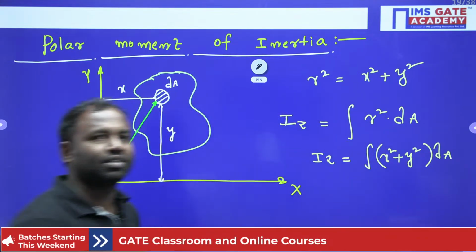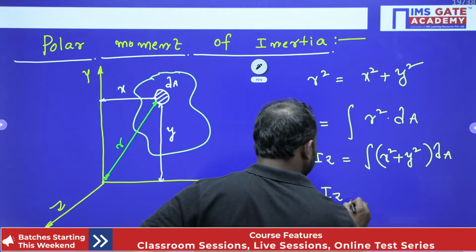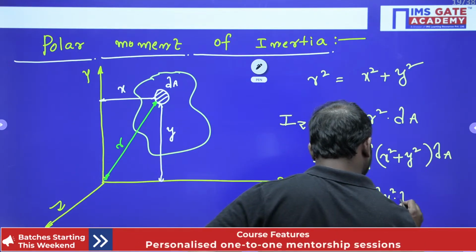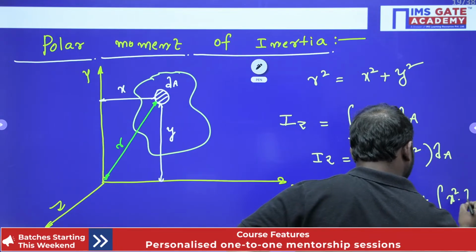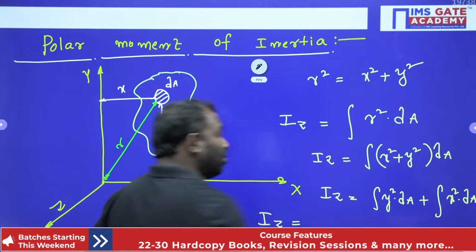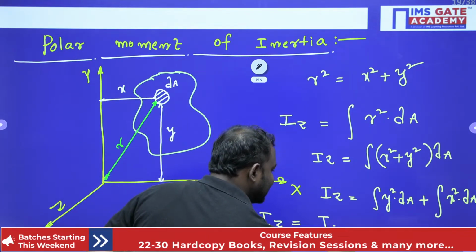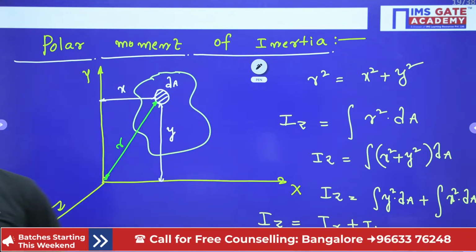Clear everybody guys? Right. Now Iz is equal to integration of y square into dA plus integration of x square into dA. Yes guys, now here I can write it as moment of inertia about z axis is equal to moment of inertia about x axis plus moment of inertia about y axis. Okay, so hope you understand.